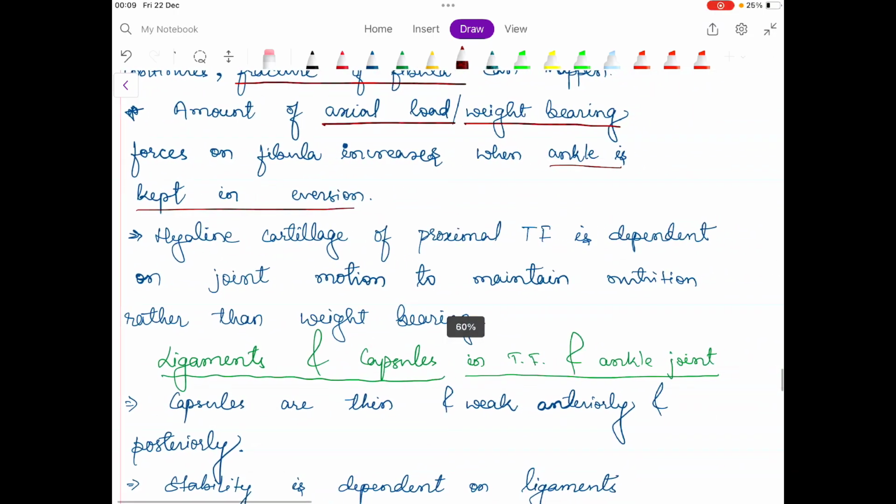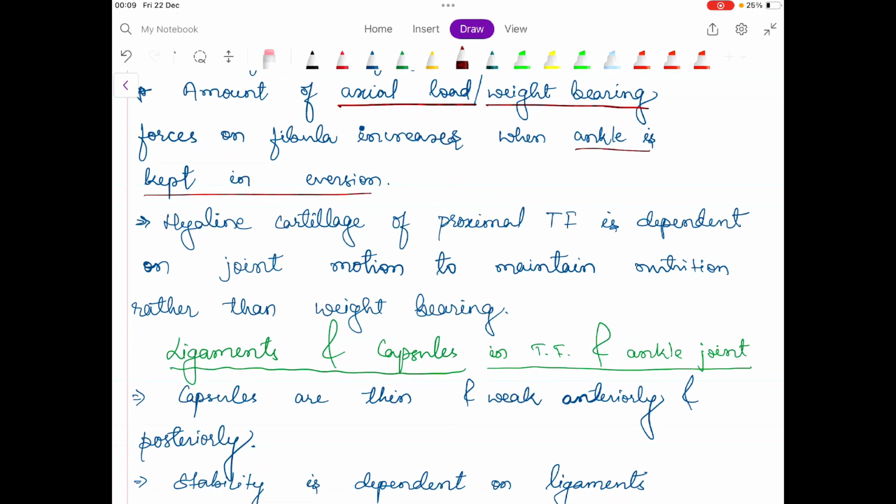The last point is that the hyaline cartilage of the proximal tibiofibular joint is dependent on the motion of the joint to maintain its nutrition, rather than on weight bearing.